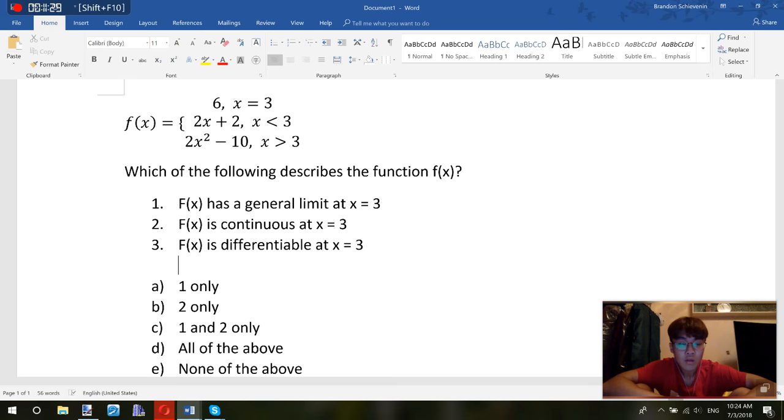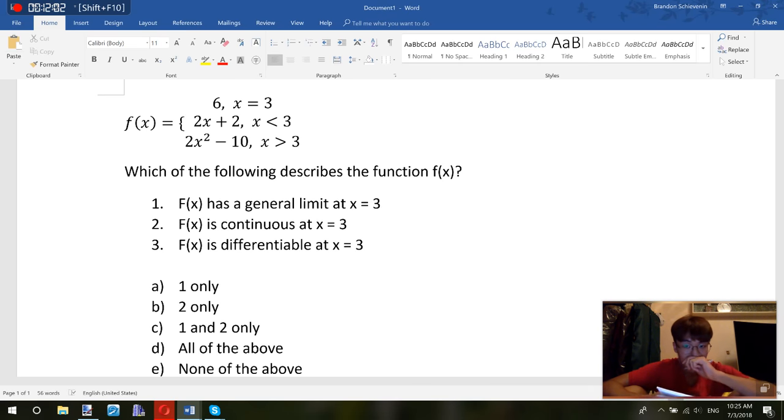Second one, okay. So if I plug in x equals 3 into the middle equation, what do I get? 8. Okay, what about from the right? If I plug in x equals 3 from the right, what will I get? The third function. Yes. 8. Okay. Still 8.